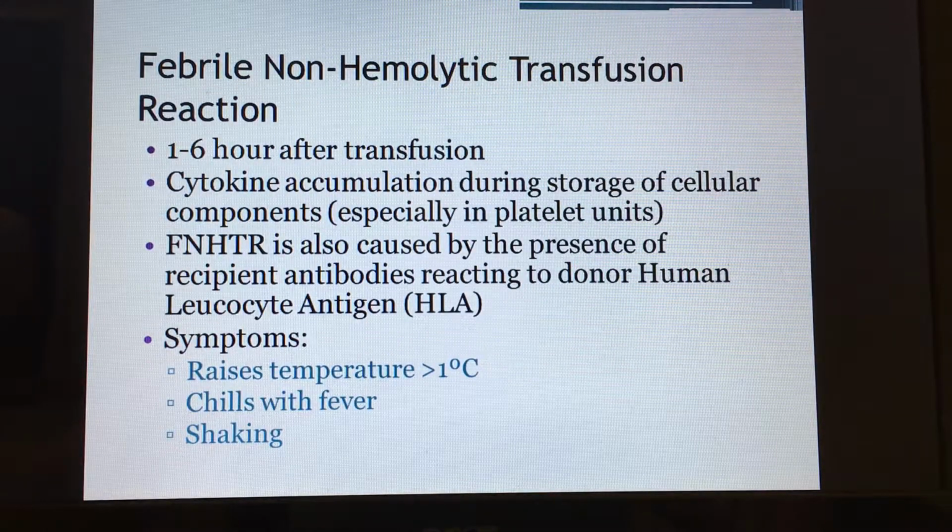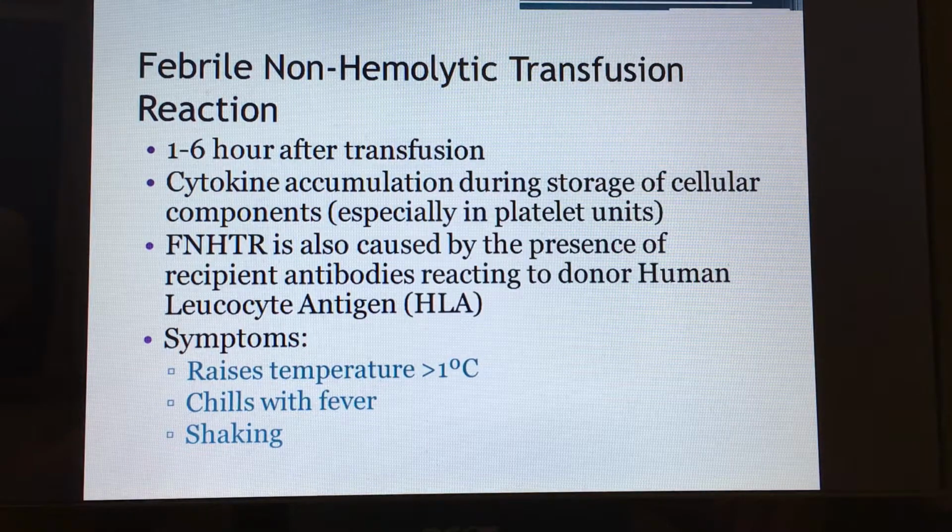Febrile non-hemolytic transfusion reaction is a common transfusion reaction that can be observed in hospitals, and it usually occurs 1 to 6 hours after the transfusion.